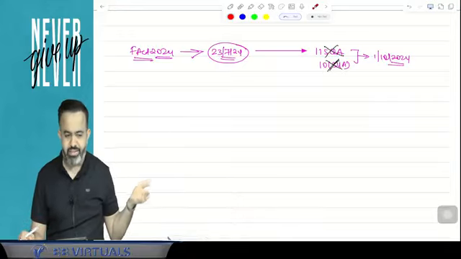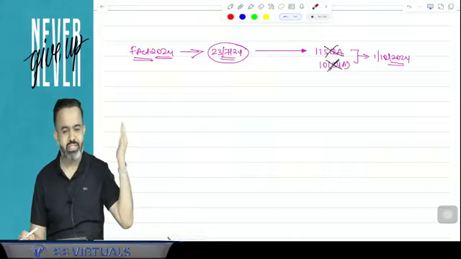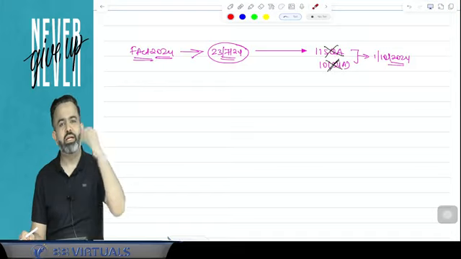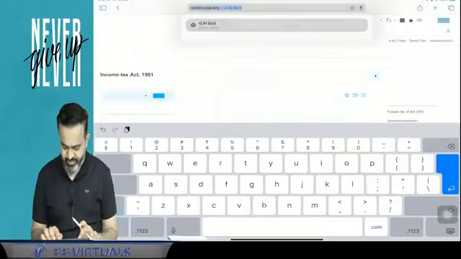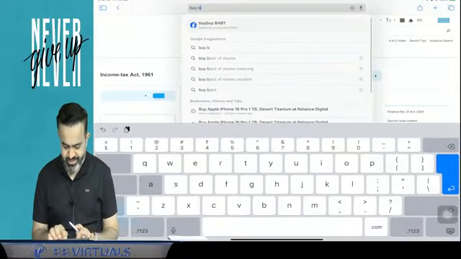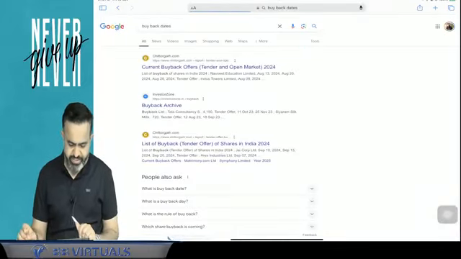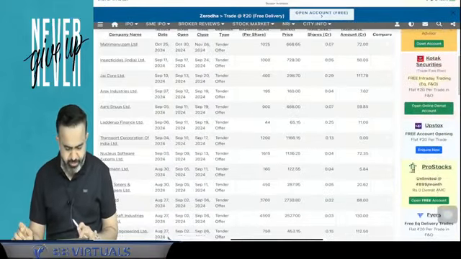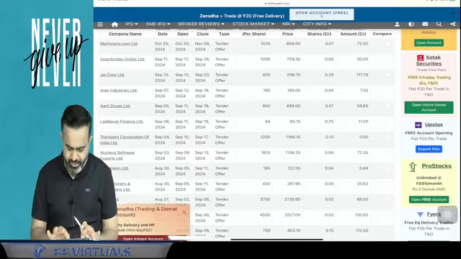If you search the buyback of shares of companies on the internet, you will see that in September and August there are the highest buybacks. Just I will show you. So, buyback dates. If we see the current buyback offers, in the month of September, see, this is the buyback.